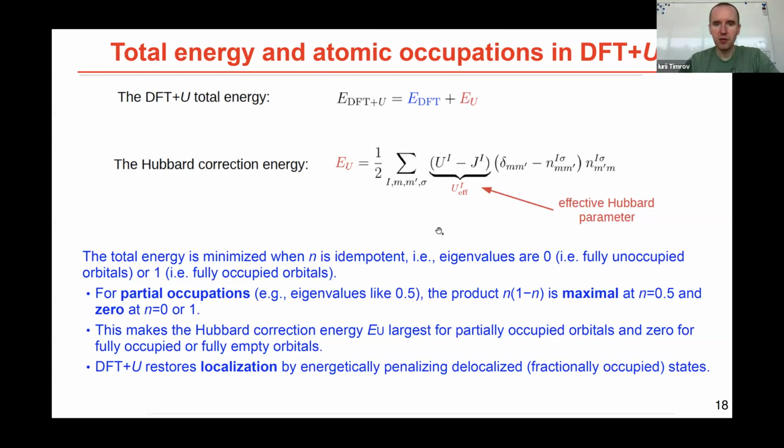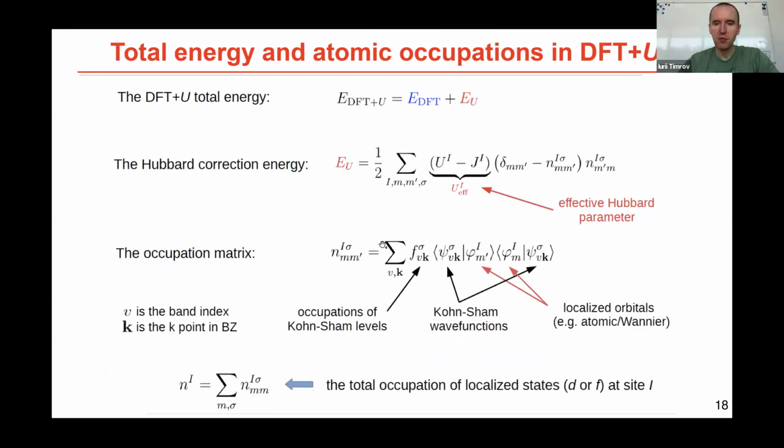Occupation is important because in this Hubbard correction energy, we have this occupation present. Depending on the value of occupation, the energy will be different. It's good to explain on a specific example, but it will be done in the hands-on. That's exactly why we have the hands-on, to have a feeling of how it works.